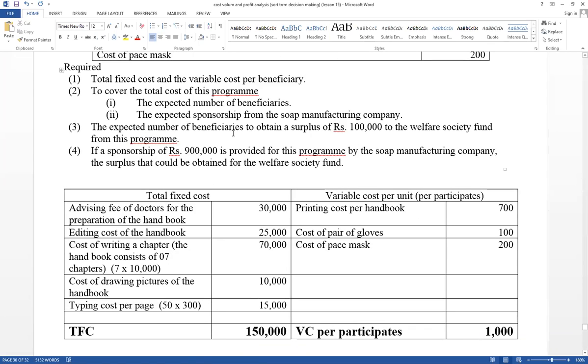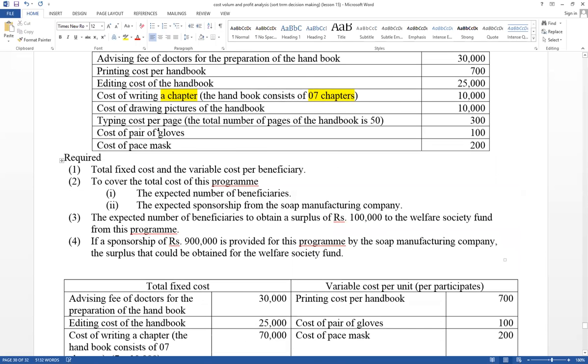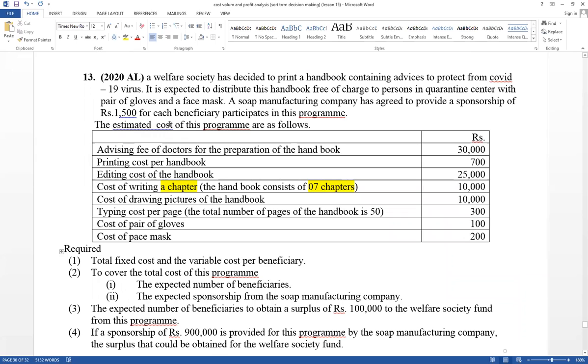Then third requirement: expected number of beneficiary to obtain a surplus of 100,000 to the welfare society fund from this program. There's expected number of beneficiary to obtain surplus. This is expected for the welfare society fund from this program. Think about here, it has given if there is a surplus.